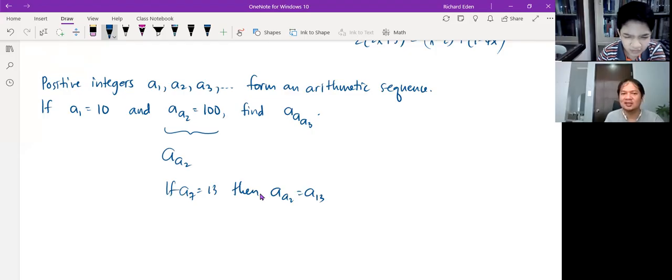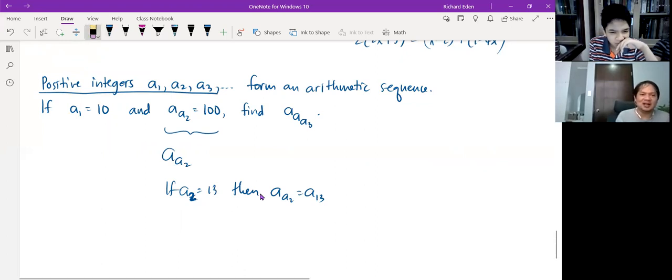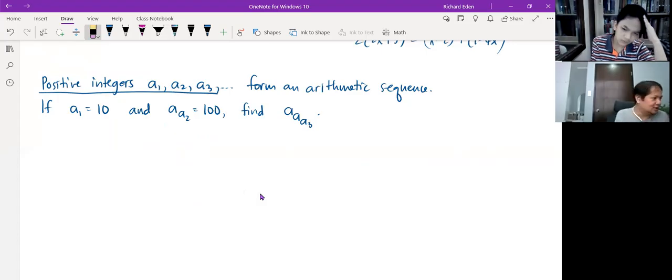Hold on. If a sub 2 is equal to 13, then a sub 2 is equal to a sub 13. My bad. All right. So that's why this was also relevant. Because you're going to use them as subscripts, so they have to be positive integers. All right. So ito, I'll leave you to it.